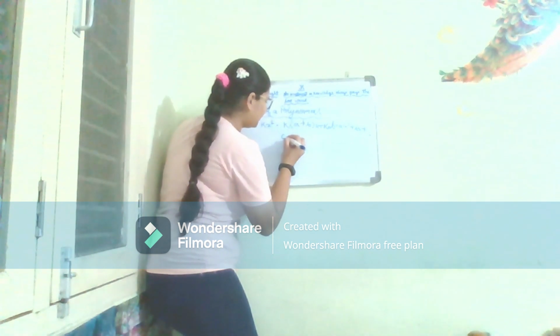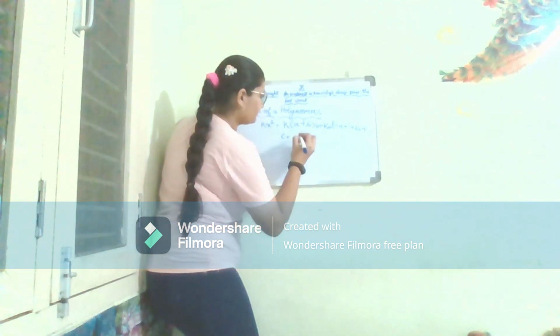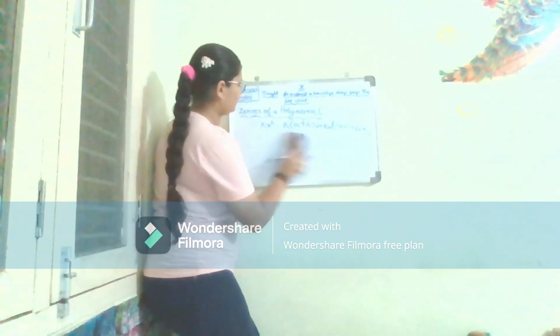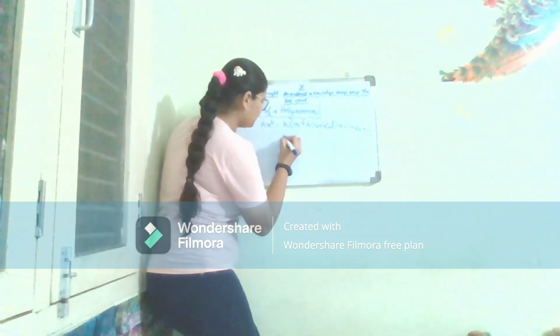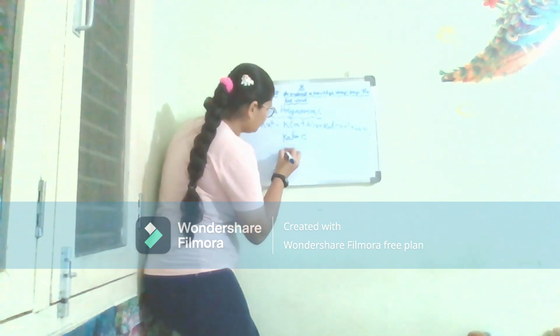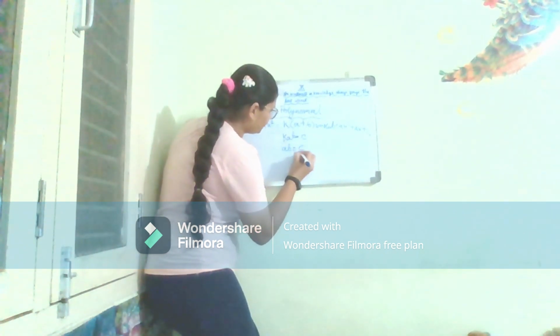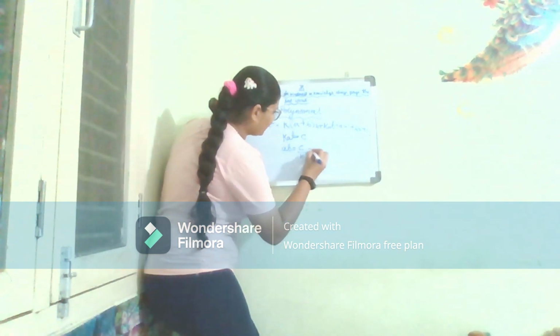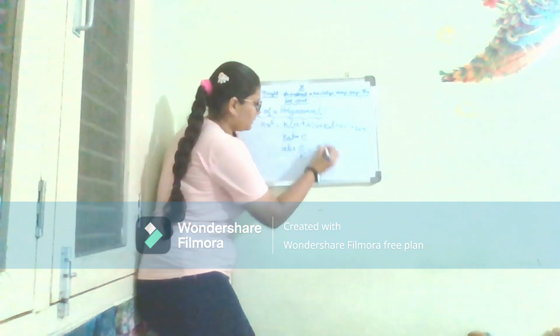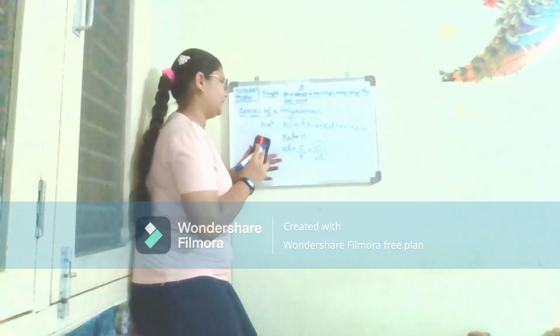So we write kab is equal to c. From here we get ab equal to c by k, so we can write ab equal to c by a. So here is the product of roots of a quadratic polynomial.